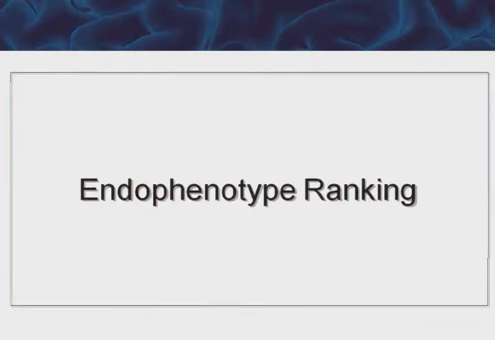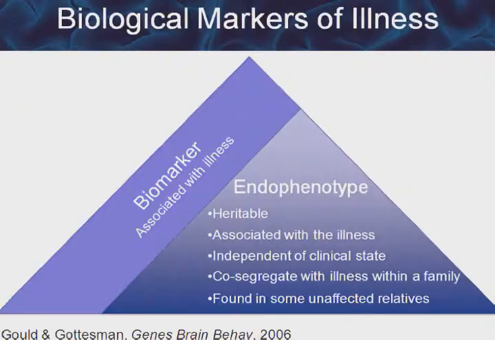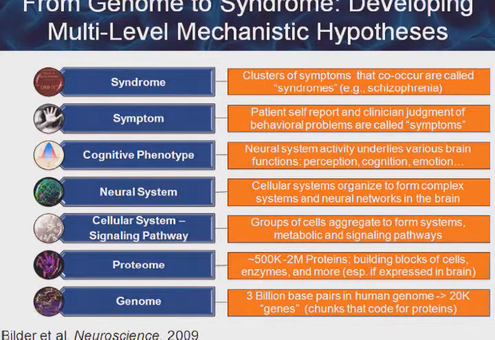Okay. The final point was endophenotype ranking. This is really the idea that endophenotypes, you can really think of that subset of biomarkers that are heritable and that are associated with a trait. Laura yesterday went through a number of these criteria.